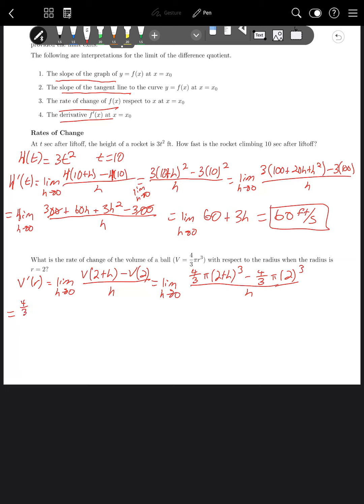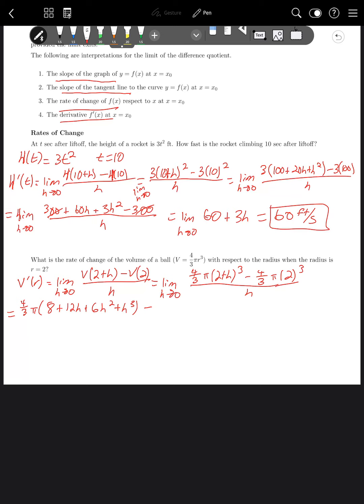So this will be 4/3 pi times 8 plus 12h plus 6h squared plus h cubed minus 4/3 times 8 pi.